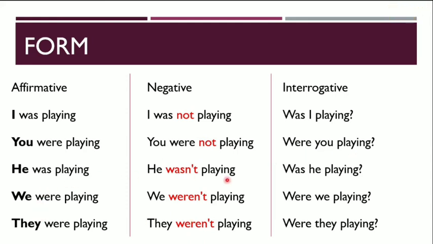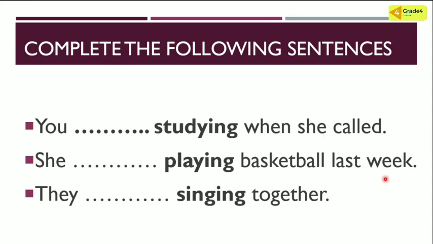He was playing will become was he playing, and we were playing will become were we playing, and then they were playing will become were they playing. Were they playing? Do you understand? Good job.